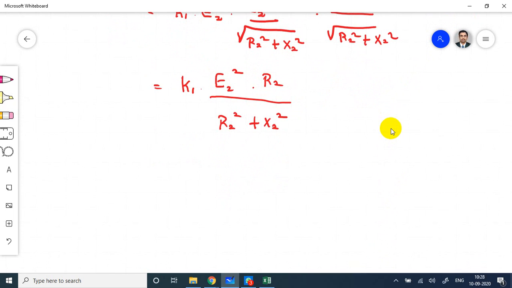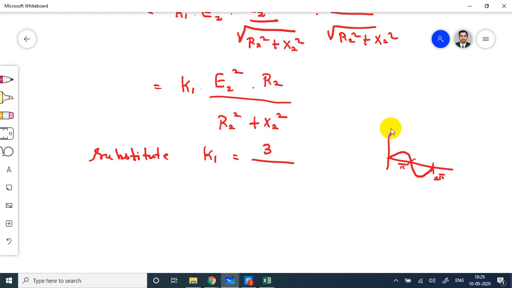Now K1 is a constant. Substitute K1 equal to the number of phases we are giving to our induction motor, 3 phase, divided by the angle.